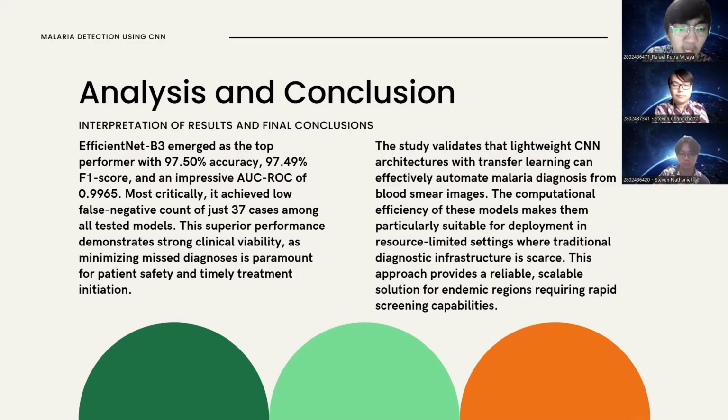More broadly, our study validates that lightweight CNNs with transfer learning can effectively automate malaria diagnosis from blood smear images. Because these models are computationally efficient, they are well suited for deployment in resource-limited settings, offering a reliable, scalable screening solution for the regions that need it most.